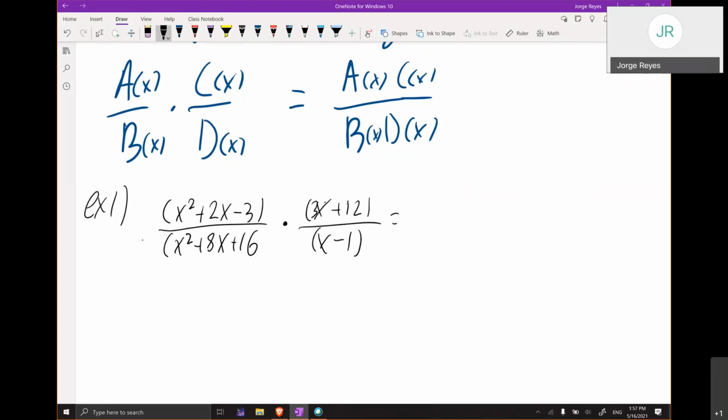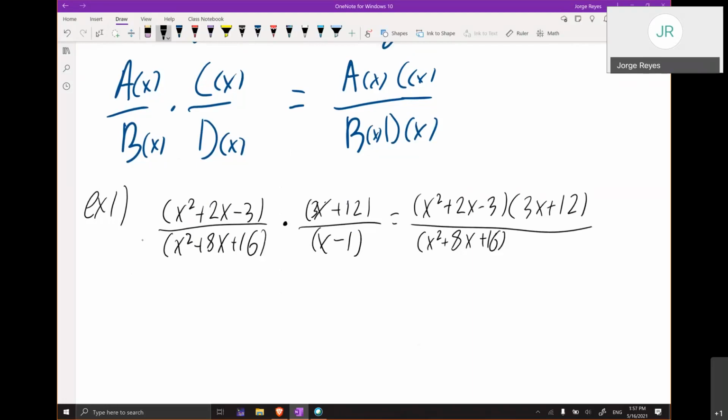So x squared plus 2x minus 3, 3x plus 12, and then x squared plus 8x plus 16, and then x minus 1. So technically you're done. It's just this isn't simplified.